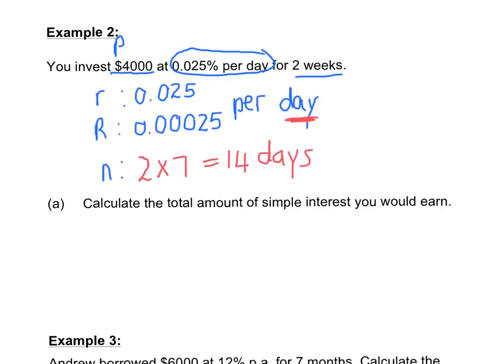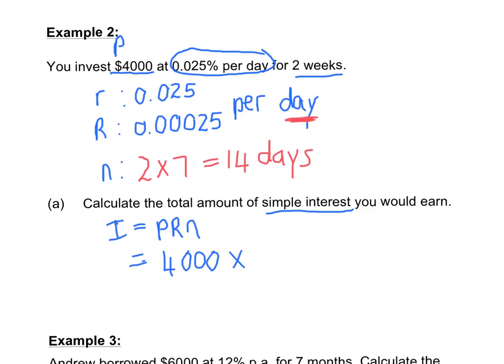Question A asks, calculate the total amount of simple interest you would earn. Once again, I always write down the formula first. P times R times N. The principal is 4,000.